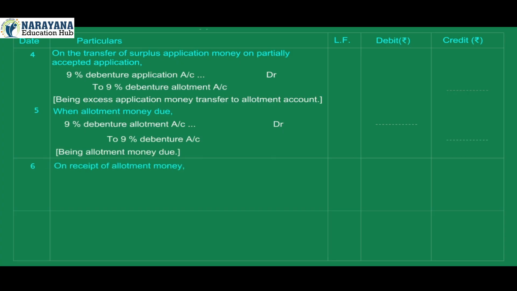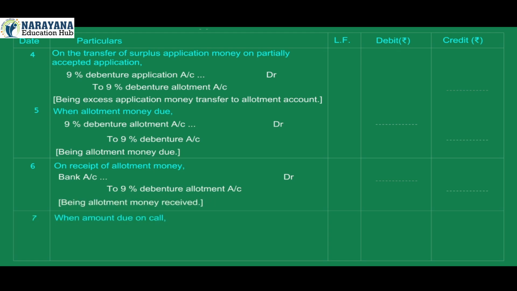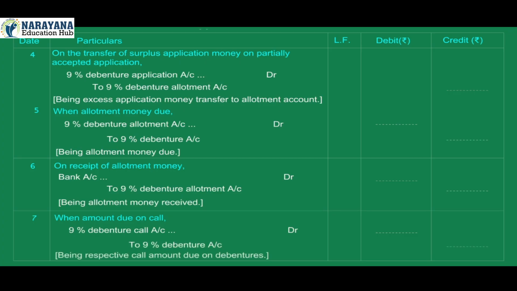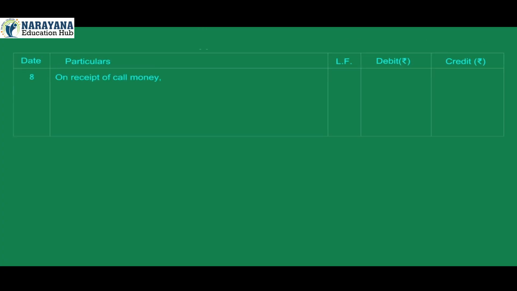On receipt of allotment money, bank account debit, to 9% debenture allotment account credit, being allotment money received. 7. When amount is due on call, 9% debenture call account debit, to 9% debenture account credit, being respective call amount due on debentures. 8. On receipt of call money, bank account debit, to 9% debenture call account credit, being money received on calls on debentures.